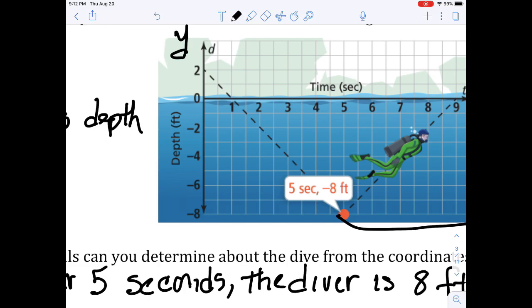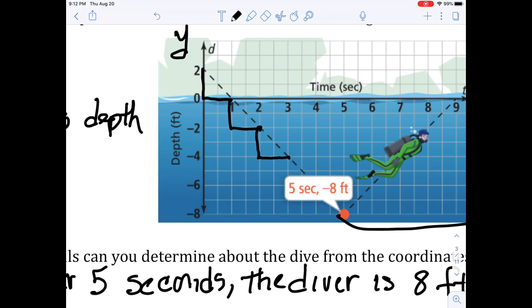So after 1 second, the diver has come down 2 feet. After another second, the diver has come down another 2 feet. So if you think about that, down, over, down, over, down, over. So as each second goes by, the diver is diving 2 feet.